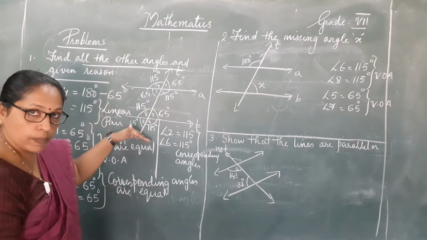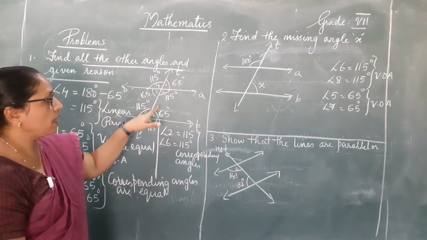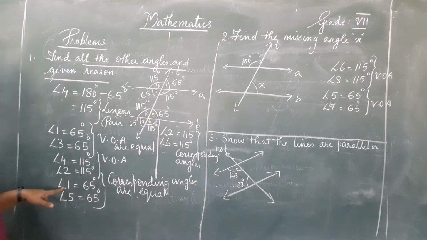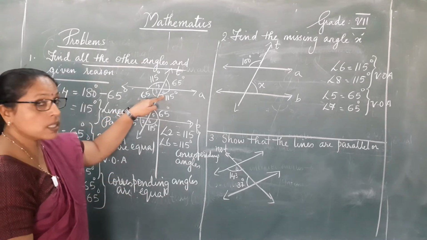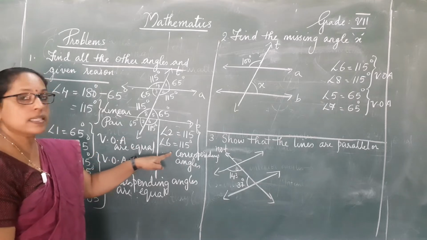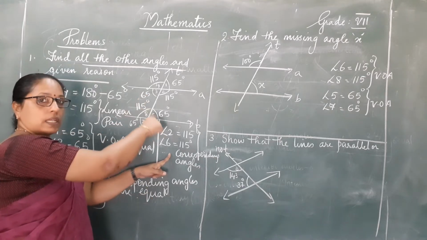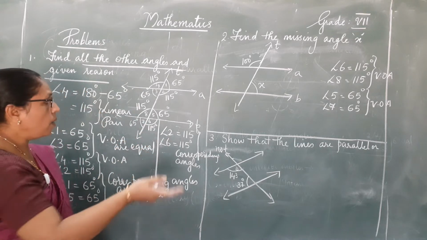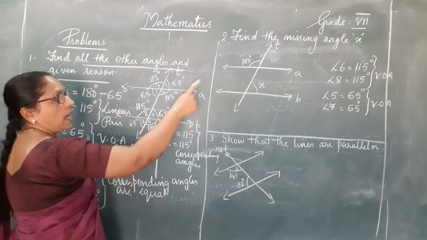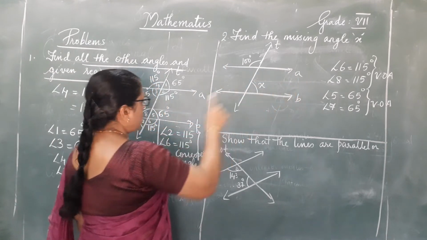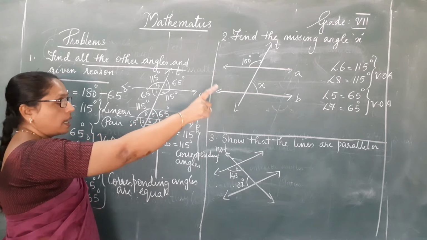Now coming to the lower part. There we can use corresponding angles. Angle 1 is 65, so angle 5 is 65. That's what is written here. The reason is corresponding angles. Then angle 2 is 115, so angle 6 is 115. Corresponding angles again, or you can use alternate angles. Any one property. Now you can use vertically opposite: angle 6 equals 115, so angle 8 equals 115, vertically opposite angles.